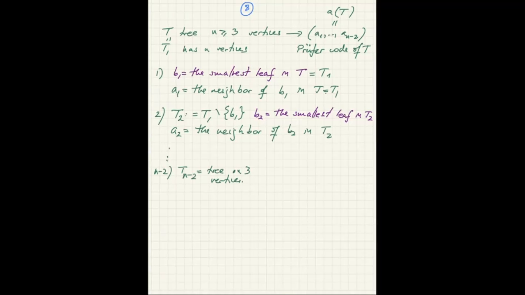And here we can look at this tree and we can define Bn-2 to be the smallest leaf in Tn-2, and then you can define An-2 to be the neighbor of Bn-2 in Tn-2.